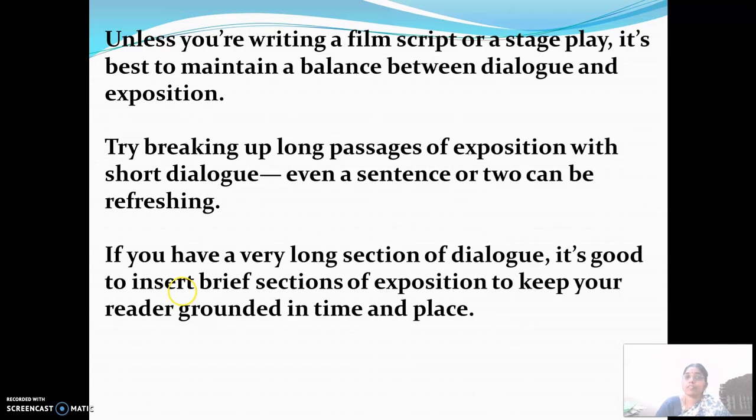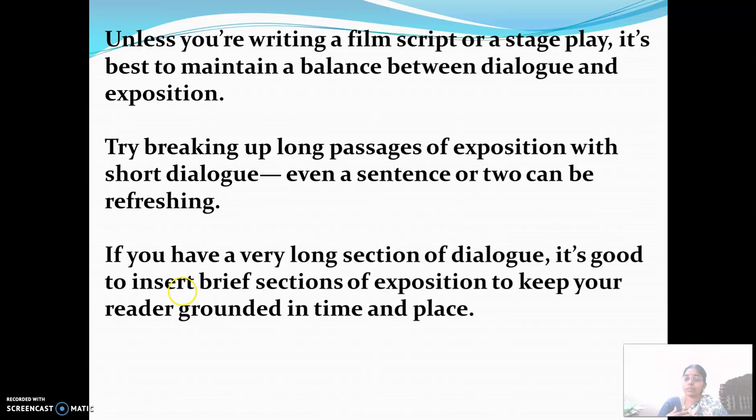Unless you are writing a film script or a stage play. See, for example, now you are very small and you will be writing conversation or dialogue writing just for 5 marks or 3 marks like that. Only 5 to 10 sentences you will write.